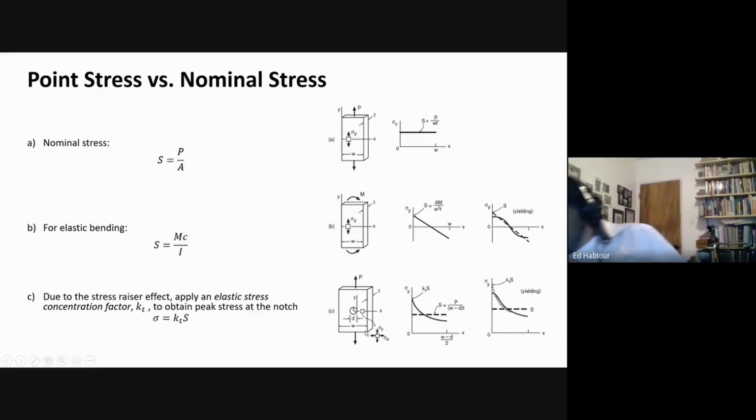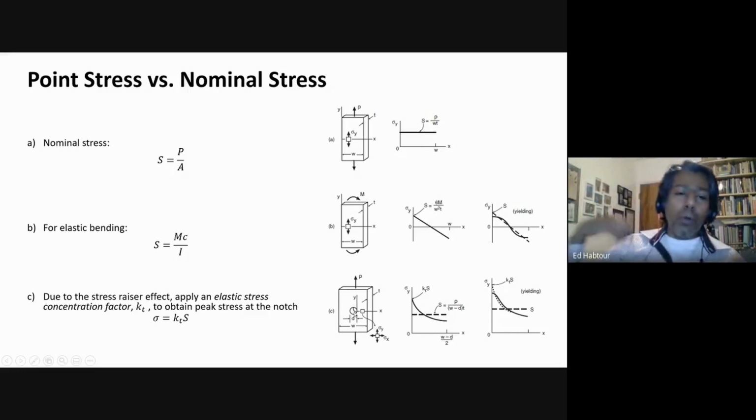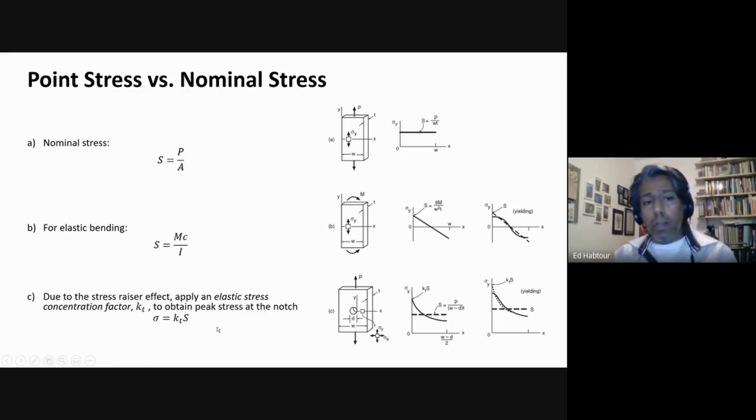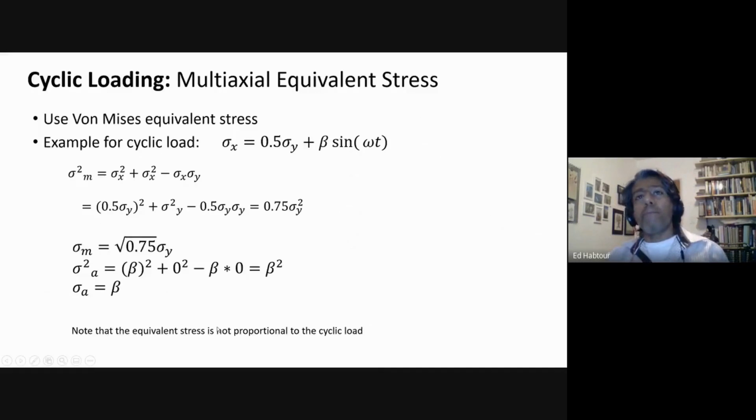When you have a hole or some feature, we need to go back to the standard books and find the stress concentration factor, and multiply the nominal stress by the concentration factor to get our sigma stress.